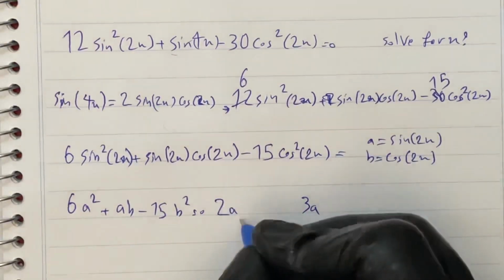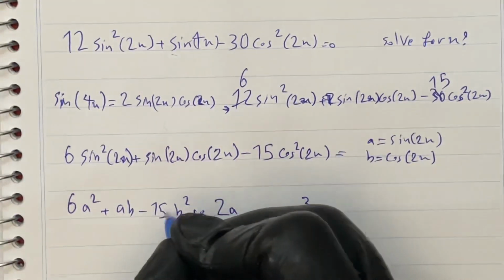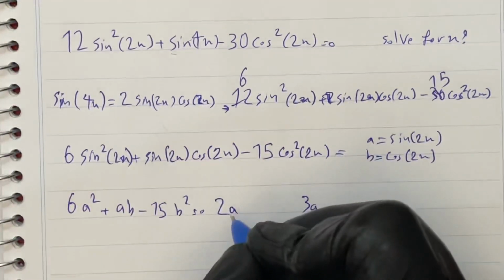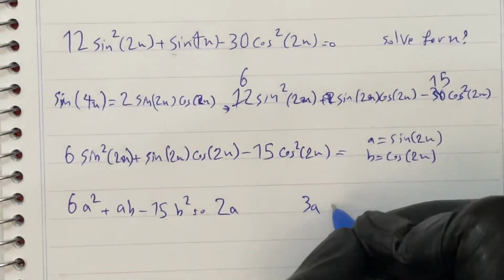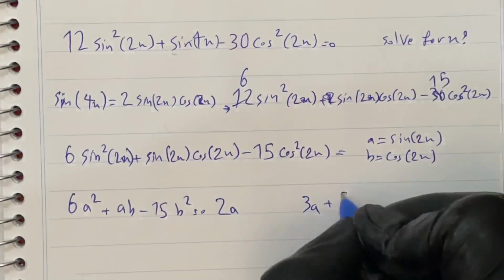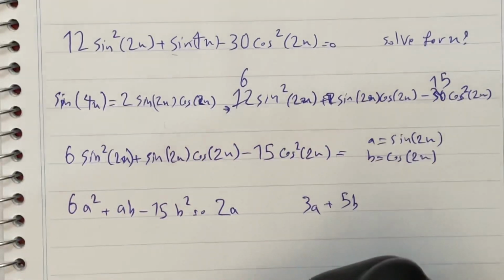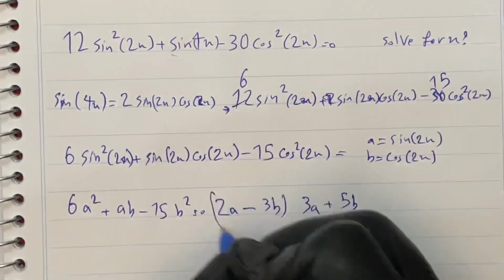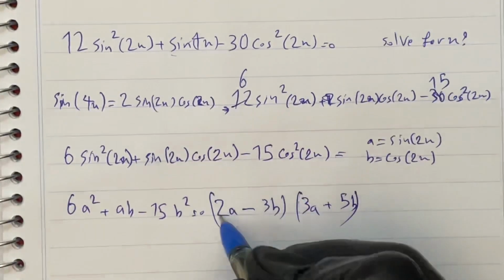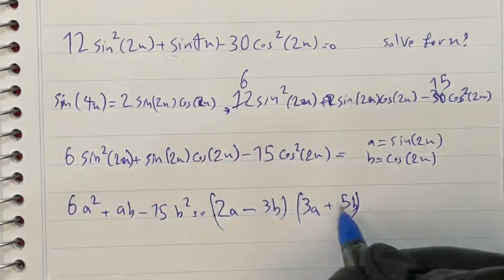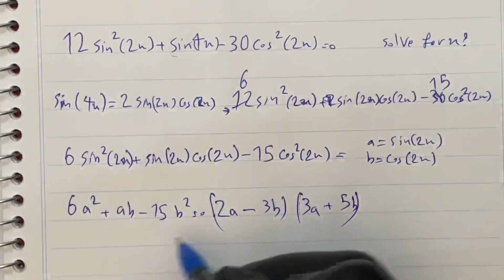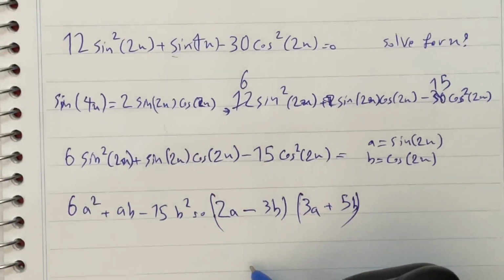Let's say 2 was here, and 3 and 5 is an appropriate pair for this. So I would take plus 5b here and minus 3b here. I think that's right. We have a 6a² here, we have 10ab, we have a minus 9ab, that will be ab, and minus 15b².